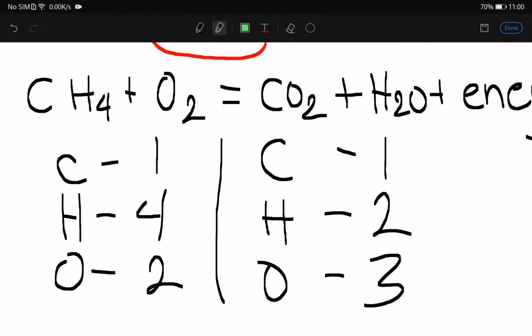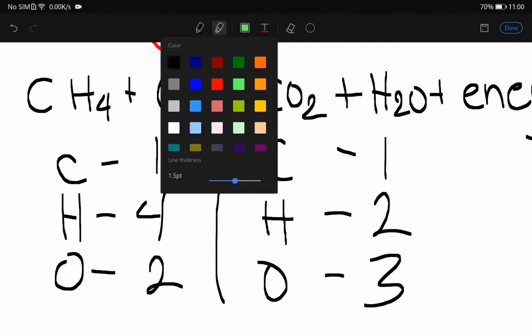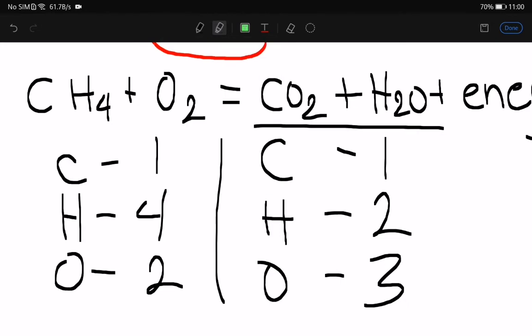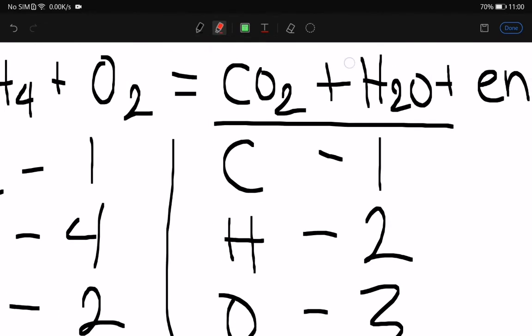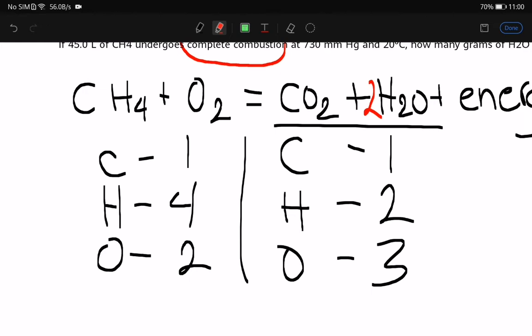So, let's base it from this side. Kailangan muna natin ng 4 hydrogen. Sorry, that was my mistake. Let's base it from that side. So, para magkaroon ako ng 4 hydrogen, I think I need to put a 2 here. Yan. Ilagay ako ng 2 dyan. Para siya maging 4.